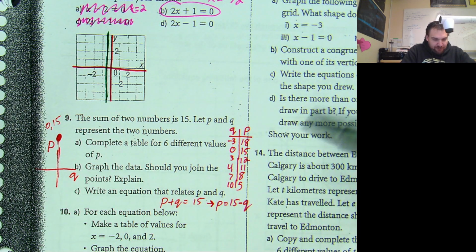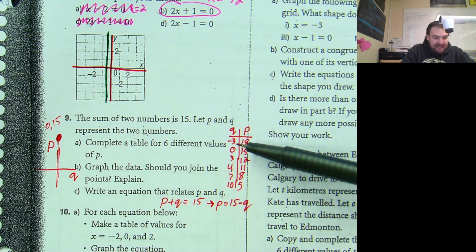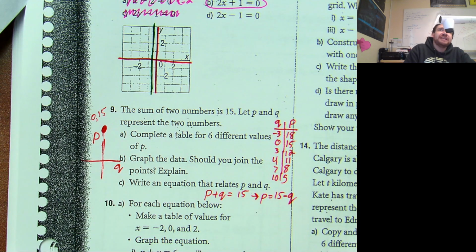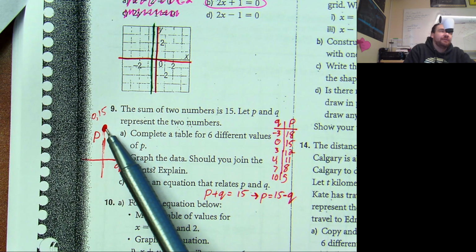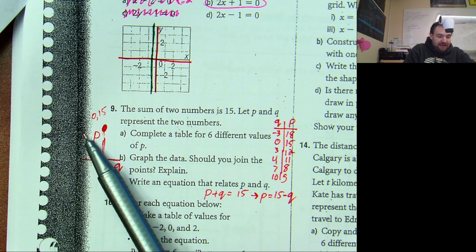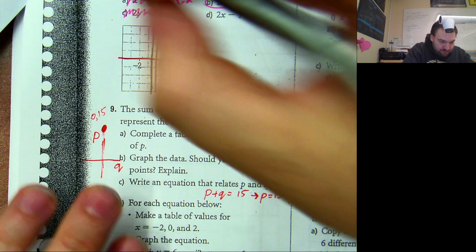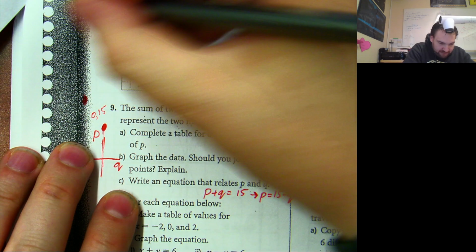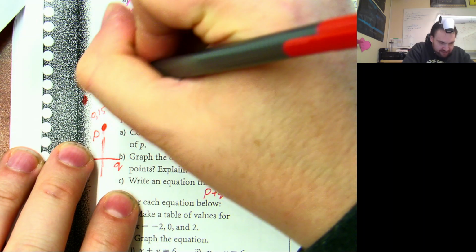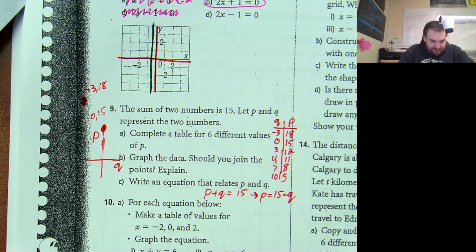Then we want to graph some other points here. I would have negative 3 and 18. So where's negative 3 and 18 going to be on this graph relative to my intercept? To the left and up. So that right there is going to be the point negative 3 and 18. Let's do one more of these 6 points.